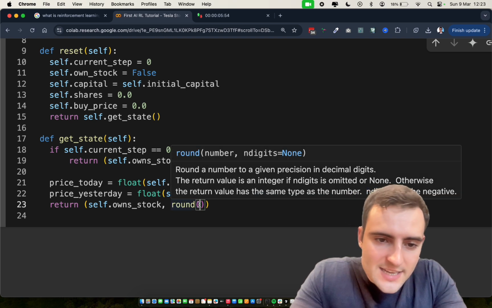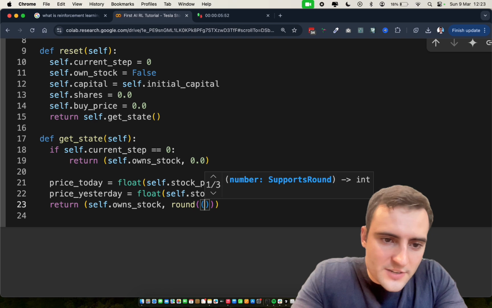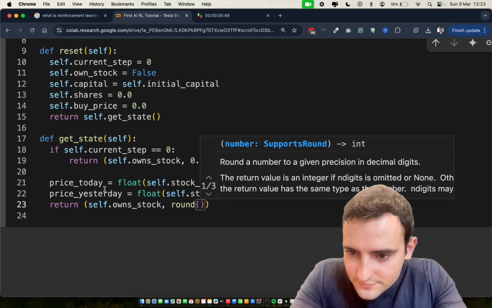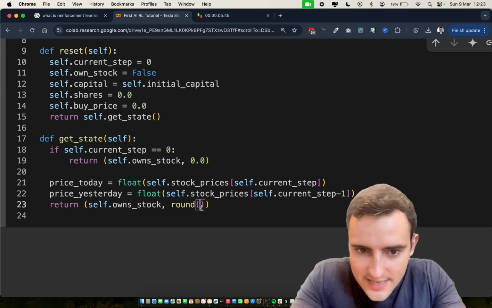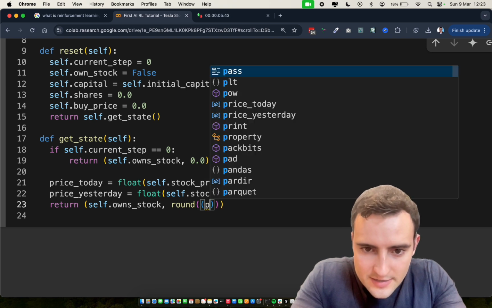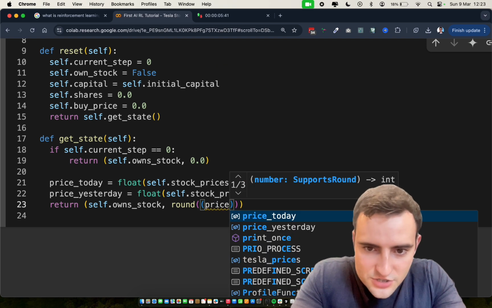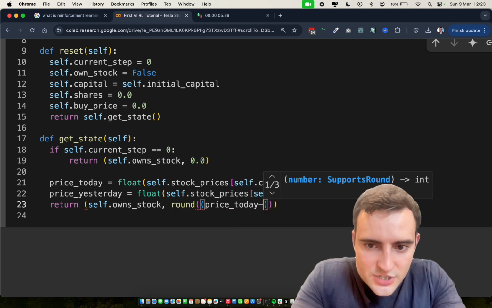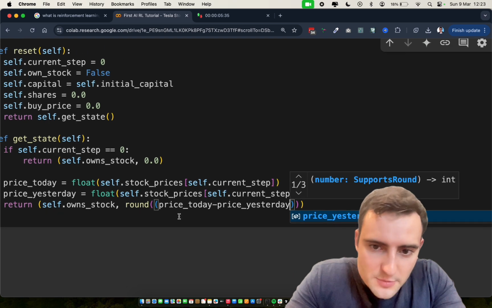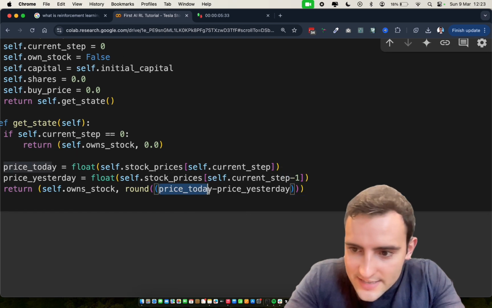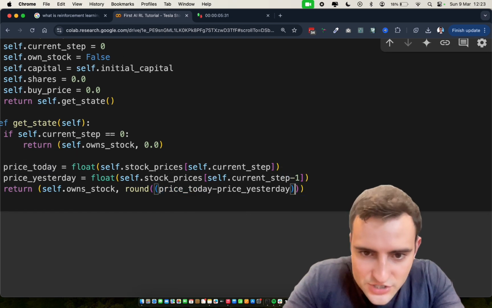So this is just rounding the current price. And we're going to say, okay, what is the difference between the price today minus the price yesterday, right? What is the percentage difference in the price? So the price today minus the price yesterday divided by the price yesterday.